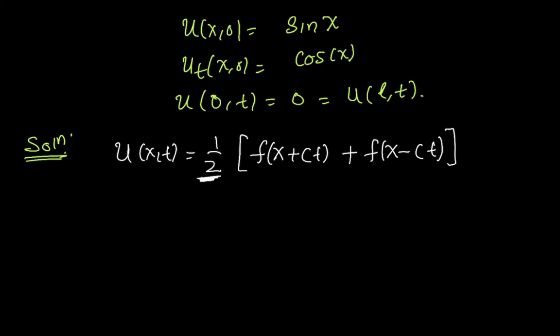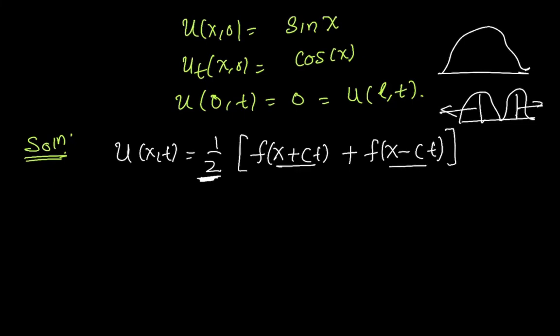That was the initial profile; in the next moment, it divides into two, but the height is divided by half. If the height of this is 1 unit, each is one half, and each is traveling in two different directions. Plus 1/2c times the integral from x minus ct to x plus ct of g(c) dc.